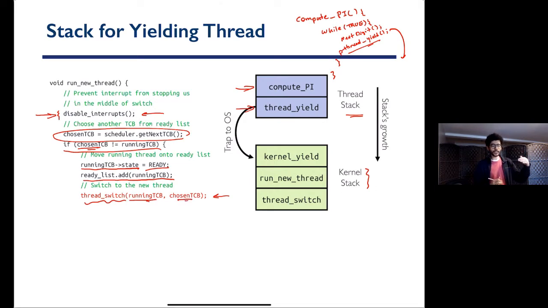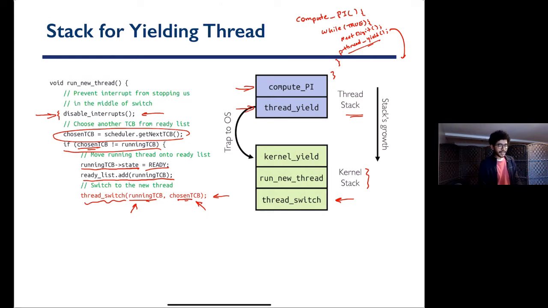So at this point, when this is called, the thread switch stack frame is pushed on the stack, and I start executing thread switch. Now I go inside while the stack pointer is pointing to the kernel stack of this running thread, and I get out of it while I'm running the thread switch in the context of the chosen TCB.